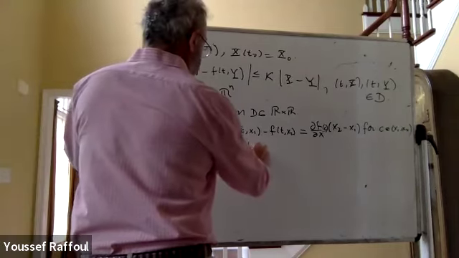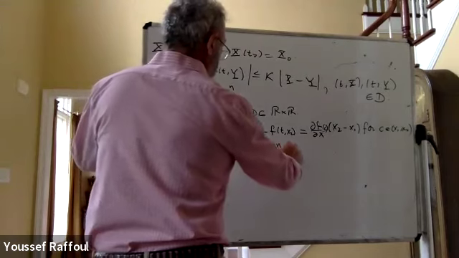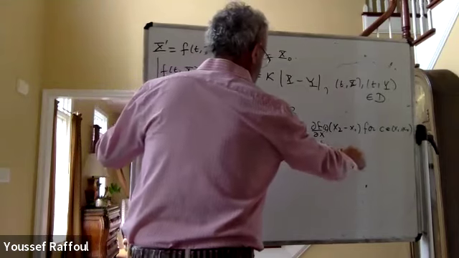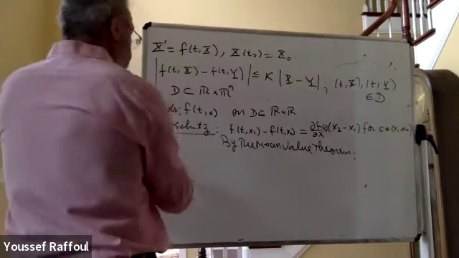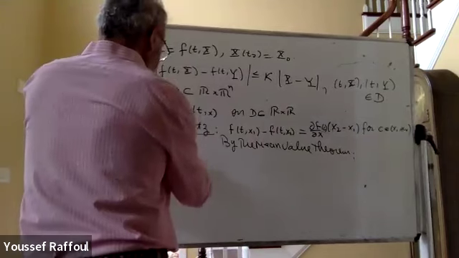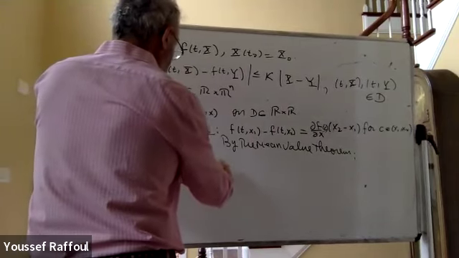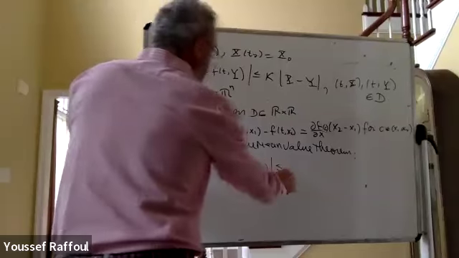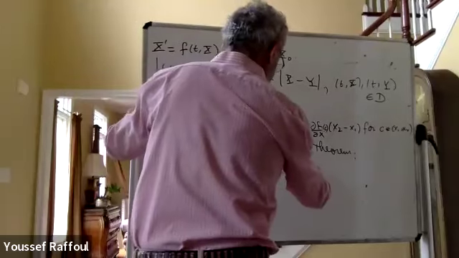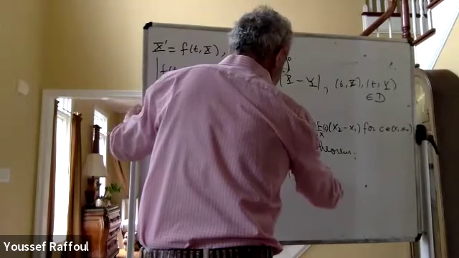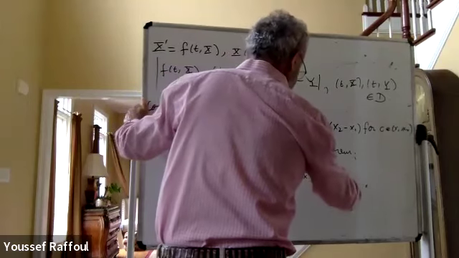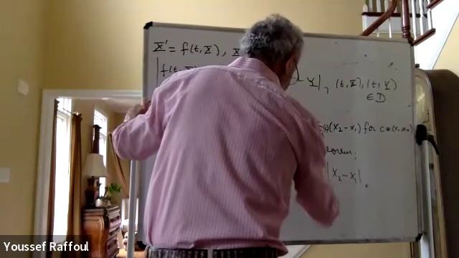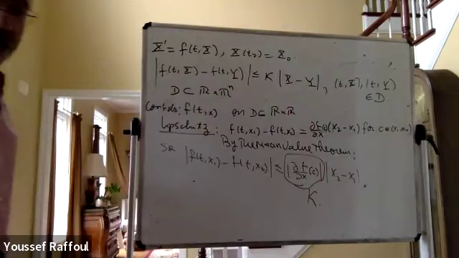This is by the mean value theorem. So if I take the maximum norm, I'll get that f of t,x1 minus f of t,x2 is less than or equal to del f over del x at c times x2 minus x1. So this is your Lipschitz constant.